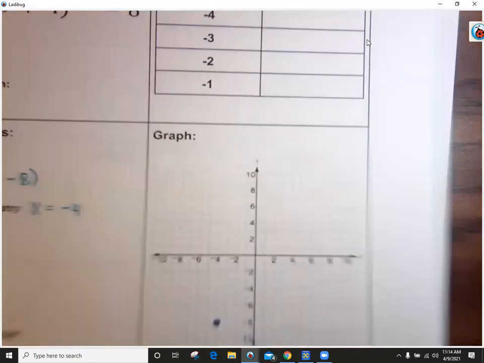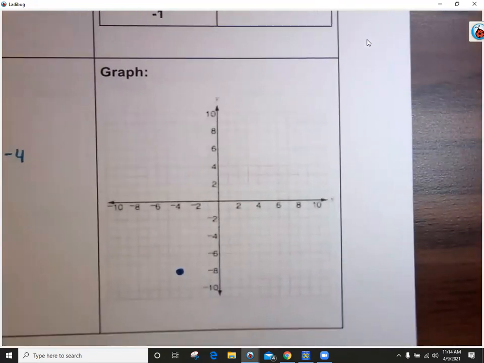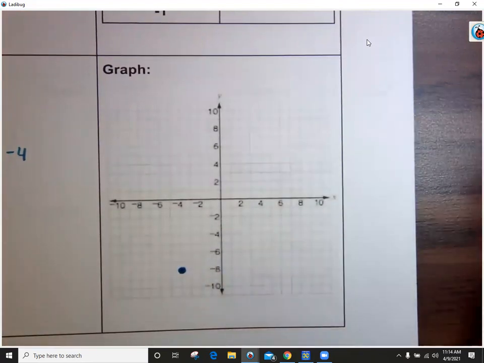If you remember the way that we graphed these when we did not cheat and use our graphing calculator, it became really clear. The way that we graph is we make that move chart.